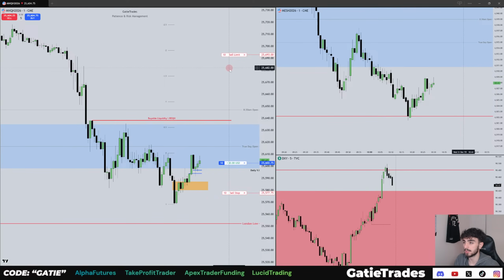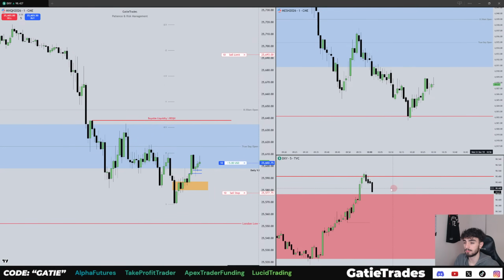Move the stop, make the TP a little bit less. Maybe if we break above here, move the stop here, add 5. See, dollar index is moving lower. I like that a lot. I'm hoping that dollar index does not find support inside this level. If it does, that could set the stage for London lows.